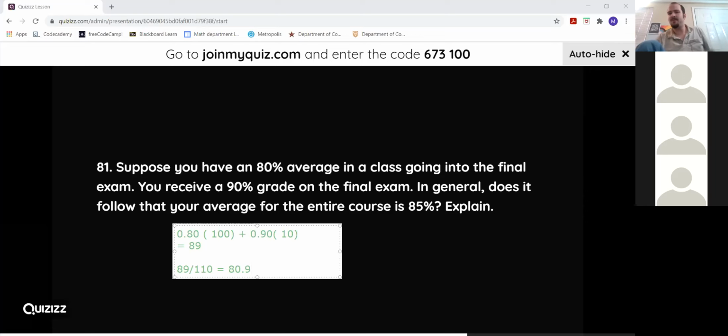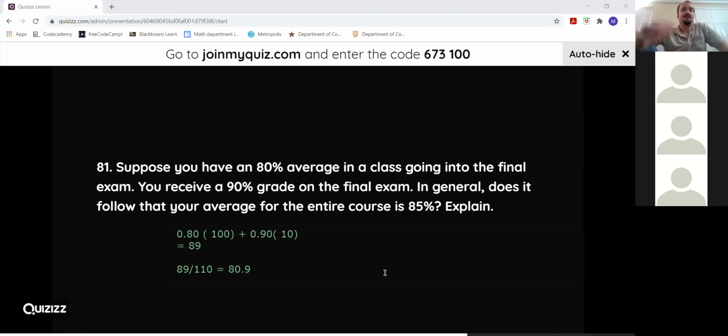So does it follow when you take these two things that you're going to get 85%? No, we got 80.9%. Giving an example with 100 problems on the first one and 10 problems on the second one.